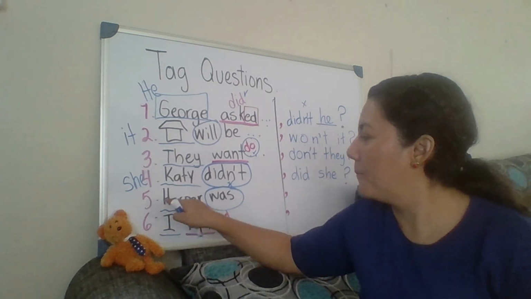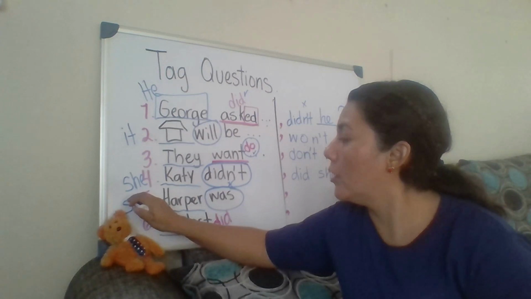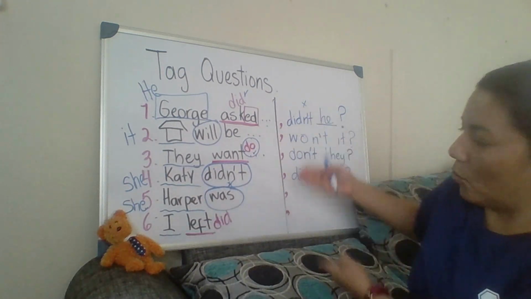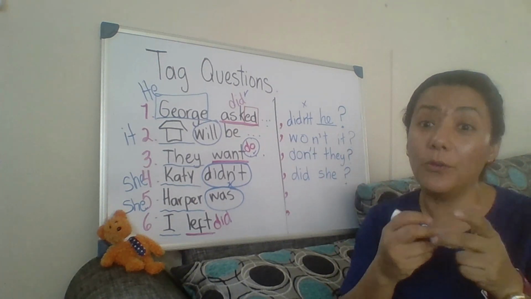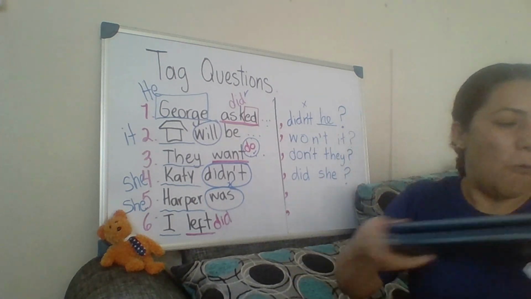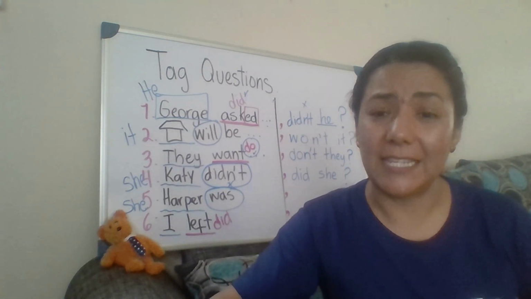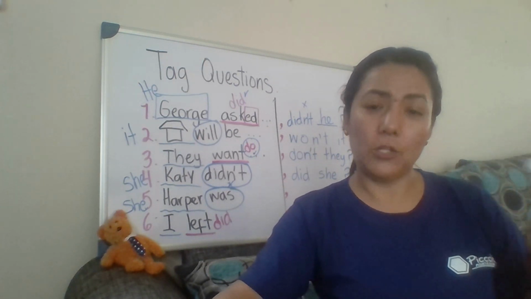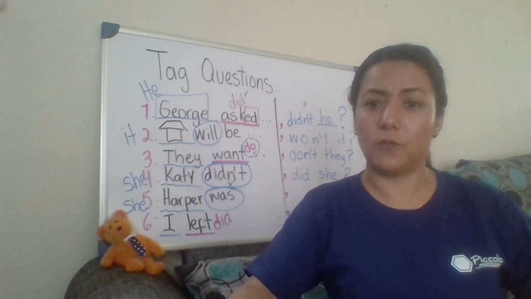Now, you finish 5 and 6. Just one little thing. Harper, we said, is a girl, so you're going to use the pronoun she. Okay? I want those 2 finished by you on your own. Okay? Well, that's it. It was very easy, wasn't it? I need you to please finish these 2 pages, make corrections in the first one.